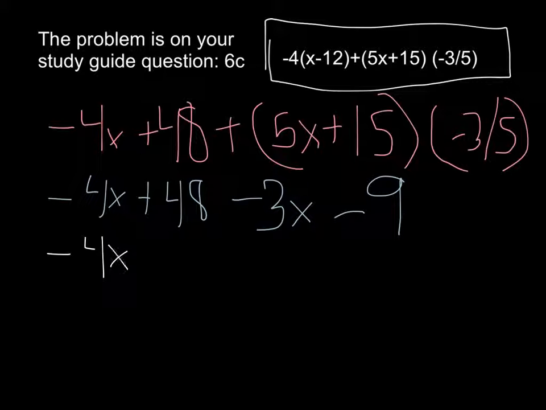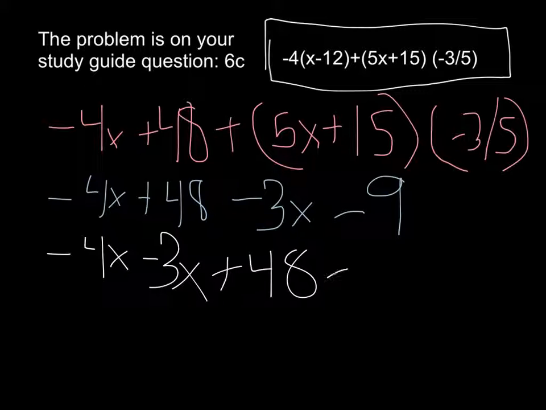-4x. Don't ever forget to put the negative and the variable, or you'll get a low mark on your test. -4x minus 3x, plus 48 minus 9.